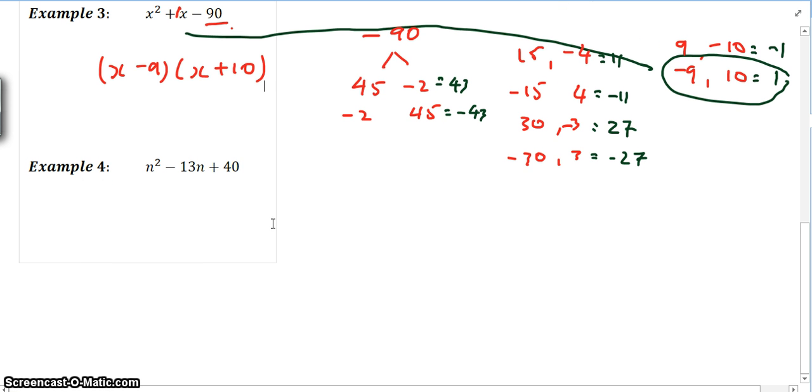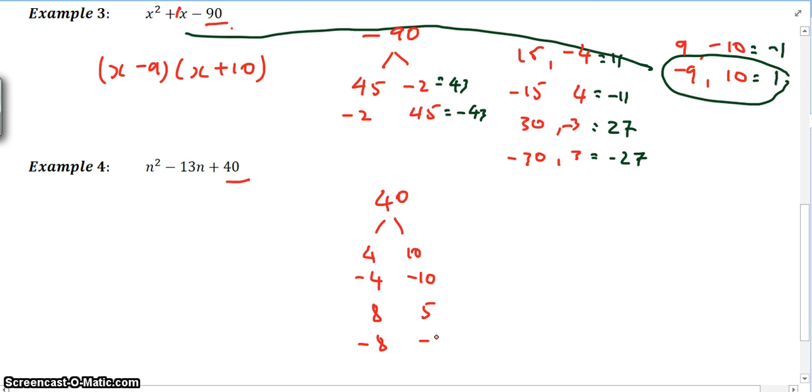Okay, and the final question, once again, same thing. Pair factors of 40. The reason for that is we want to find two numbers that multiply to give 40 but add up to give minus 13. So pair factors of 40 are 4 and 10, minus 4 and minus 10. There's 8 and 5, and there's minus 8 and minus 5.